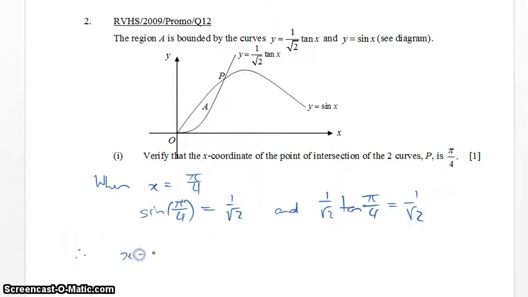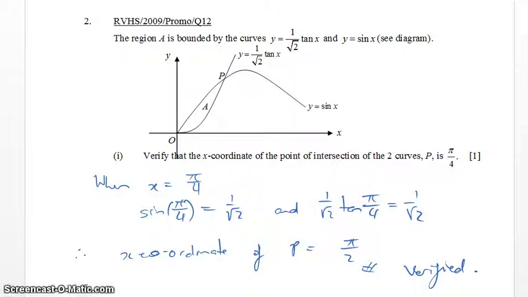Therefore, the x coordinate of P is pi upon 4. So we've verified. We don't need to calculate, we just need to substitute it in and check. And that's what it means to verify something.